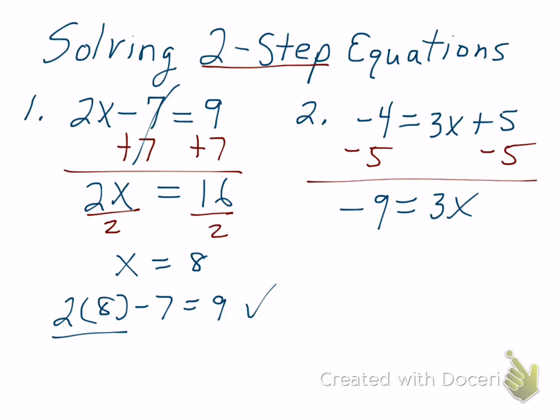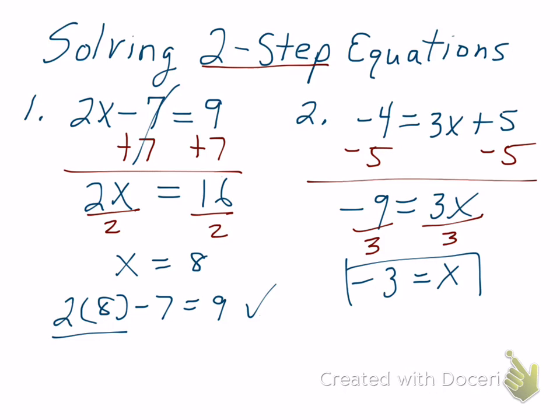And of course, if we're trying to get x by itself, we got to get rid of that 3, and we can do that by dividing by 3, because the opposite of multiplying by 3 is dividing by 3. Negative 9 divided by 3 is going to give us negative 3. And of course, 3 divided by 3 gives us 1, or just 1x, or just x.